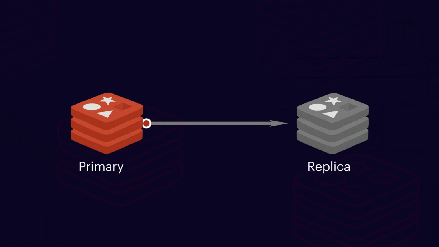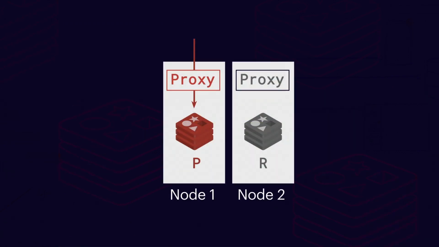But having a backup of our data is not enough for high availability. With automatic failover, we need a mechanism that automatically kicks in and redirects all requests towards the replica when the primary database becomes unavailable.